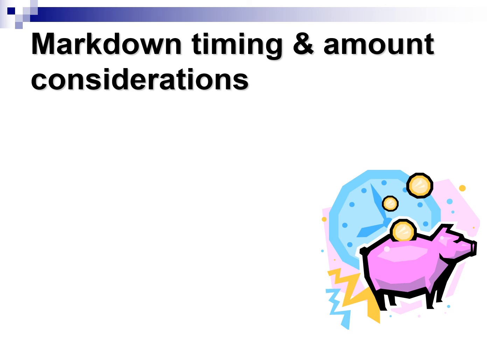So as I hinted in the discussion of markdown timing, the timing and the amount of markdown that you take really are intertwined, and you have to consider a lot of different factors. First, you need to think about the nature of the merchandise, whether it is fashion merchandise or basic merchandise.